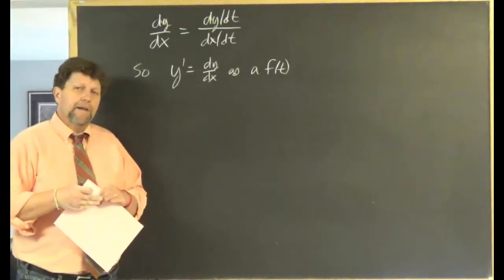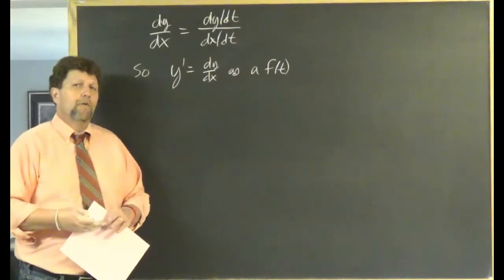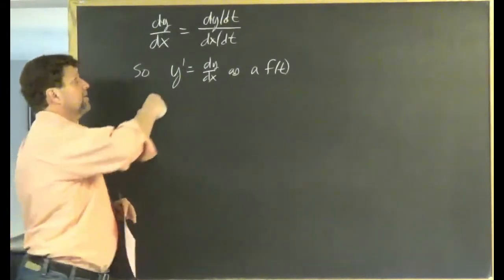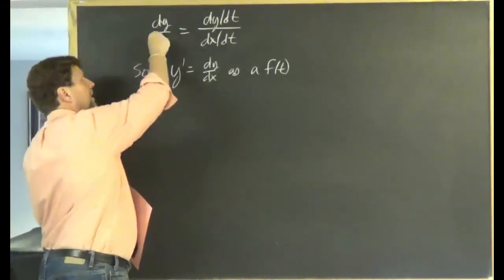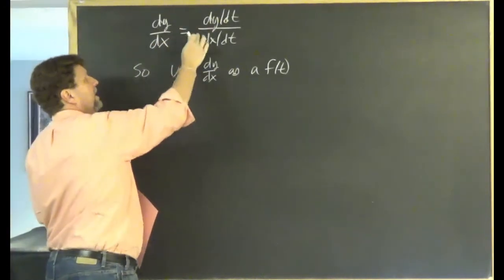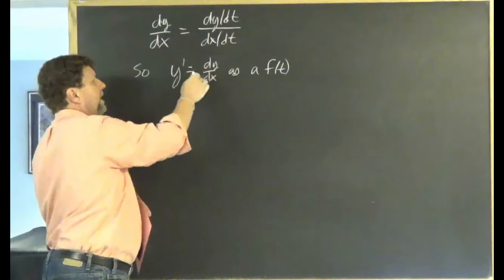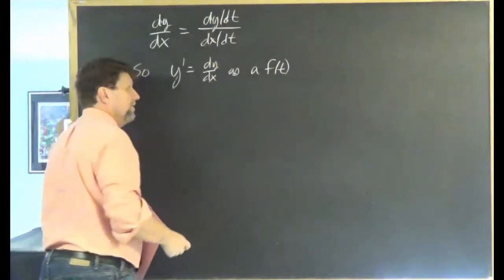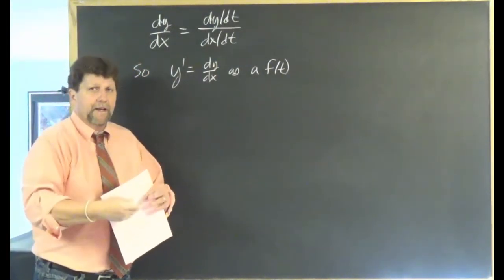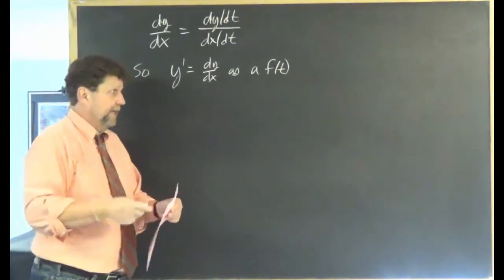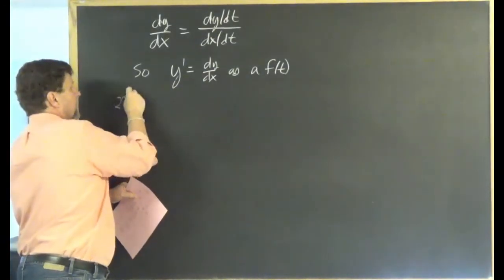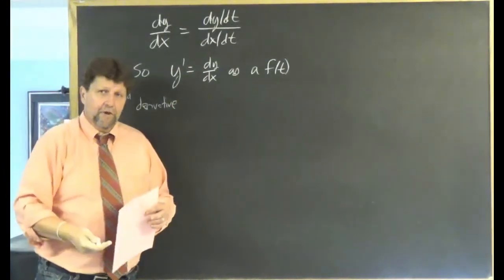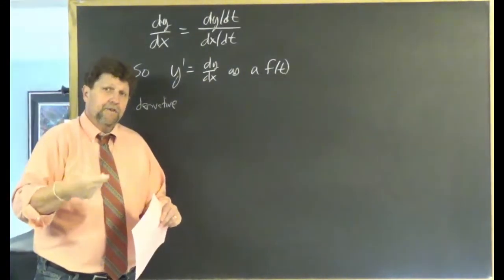All right, so here we're going to try to make some sense out of how to get a second derivative. I don't know why the book doesn't discuss this, but that's what we're going to do right now. So our theorem said the slope dy/dx is dy/dt over dx/dt. So dy/dx, or another name for it, is y prime. First, notice it's going to be a function of t. To get the second derivative, you have to differentiate the first derivative, but the first derivative is a function of t.